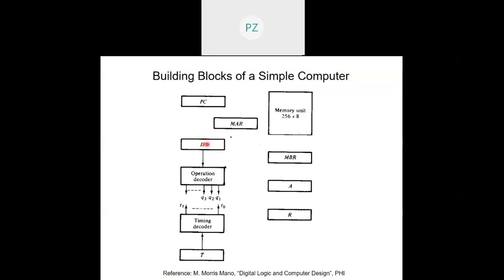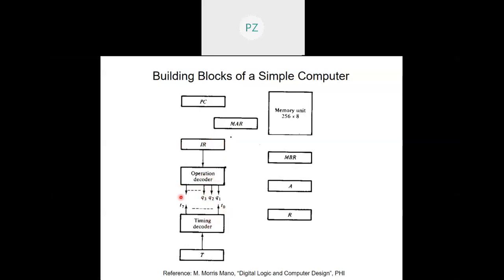Now whatever opcode is fetched into the instruction register will be decoded, and depending on the decoding, one of these control lines will go high. If for example it contains 00001, then Q1 will be high. If it contains 00010, then Q2 will be high, and 00011, then Q3 will be high, and so on, right? So this is the operation decoder.